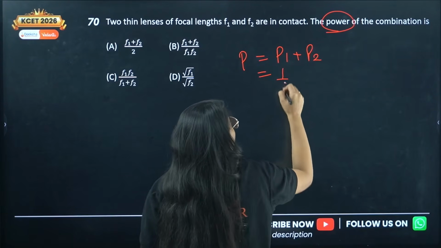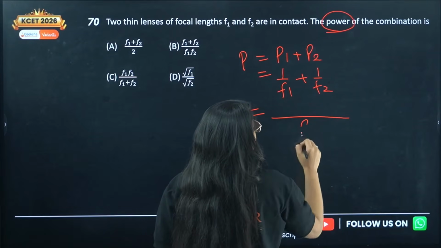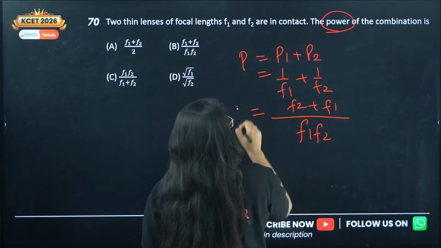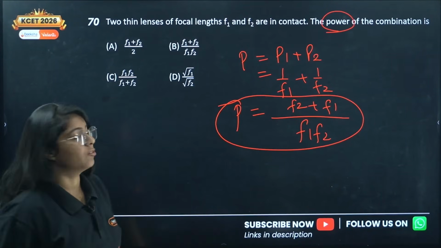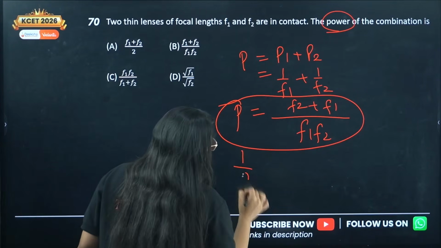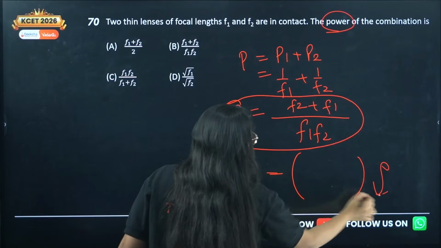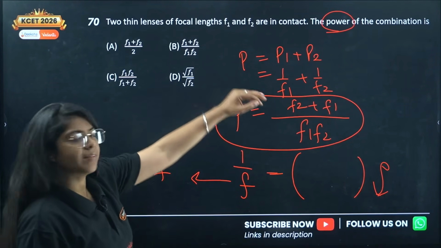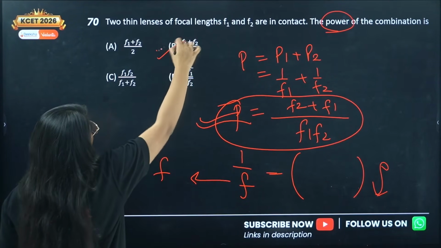Now this is 1 by f1 plus 1 by f2, correct? So this will be simply (f1 plus f2) by f1 f2. Now this is power, correct? If they would have asked focal length, then this will be 1 by f, and you will have to invert this whole term to find f, correct? Since here they have asked power, this is simply the answer, which is B option.